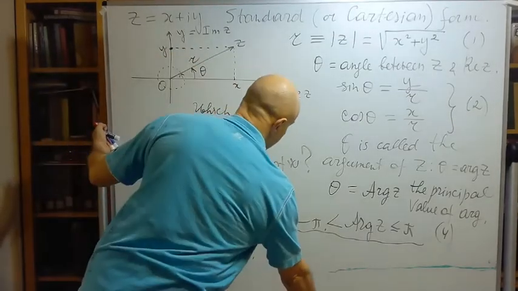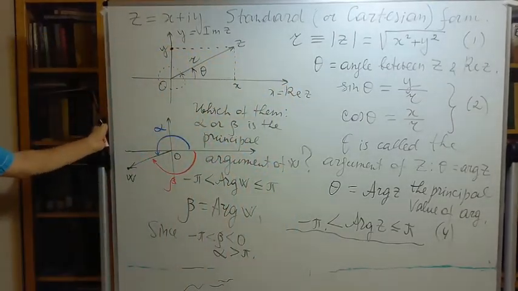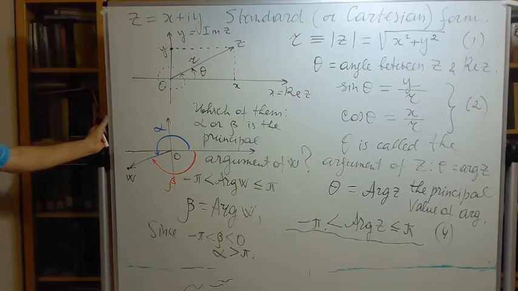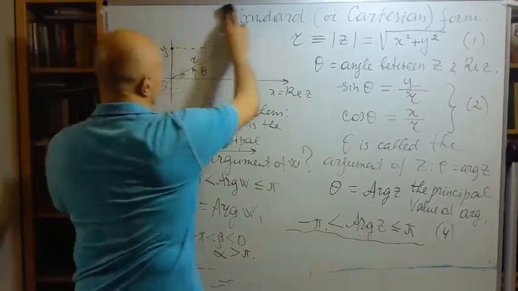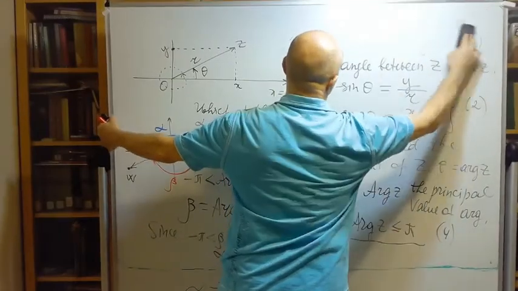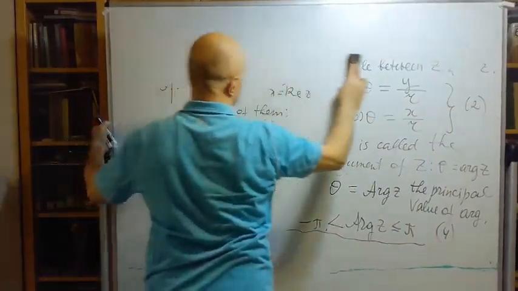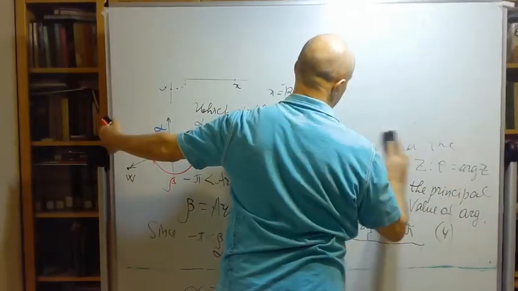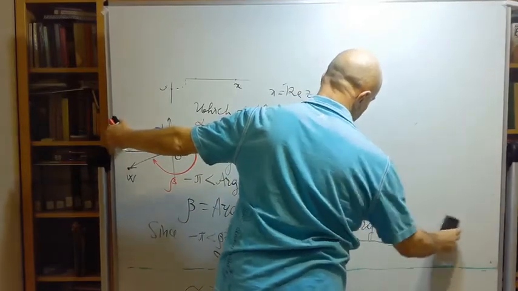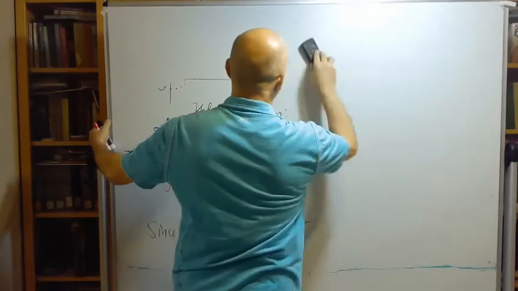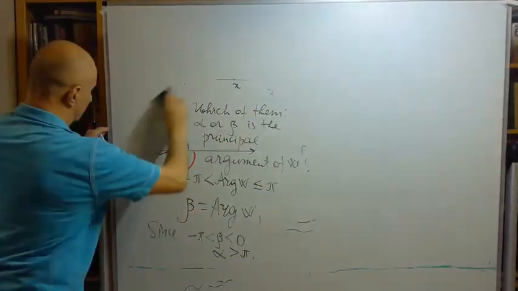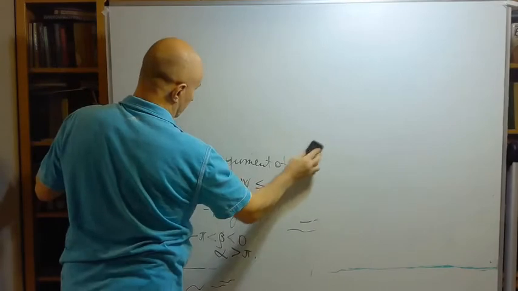Let's go further. Now we can present our complex numbers in the so-called trigonometric form. This is our next topic.